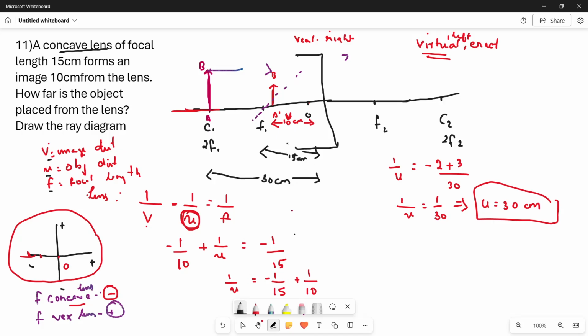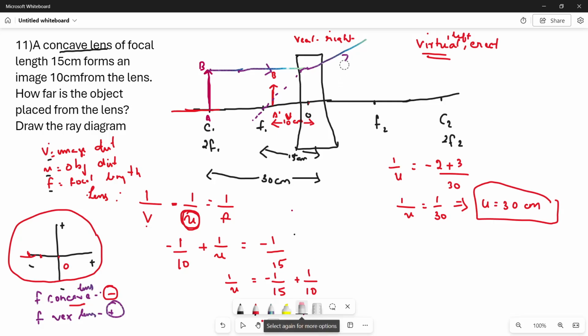So this is my incident light, and at the optical center it diverges.